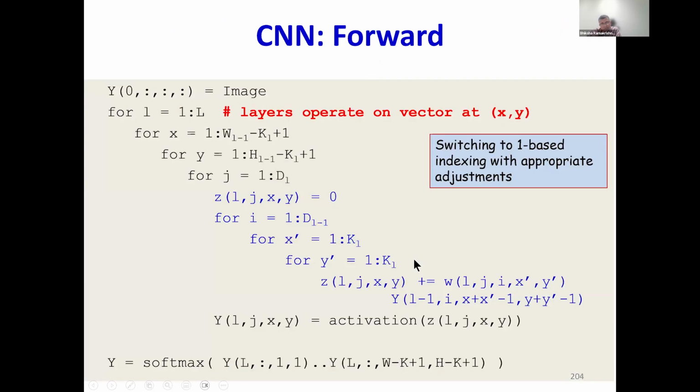And so when you do the CNN forward pass, here's what it looks like. You are scanning, and at each position, when you computed the affine term, you were multiplying the weight and the y, right? So this is the output channel, the input channel, and the weight that multiplies it.